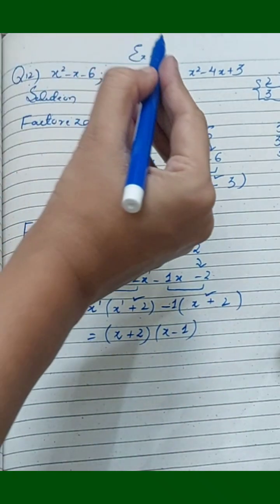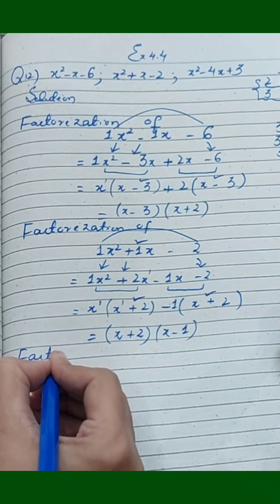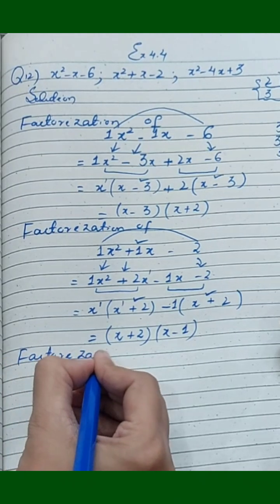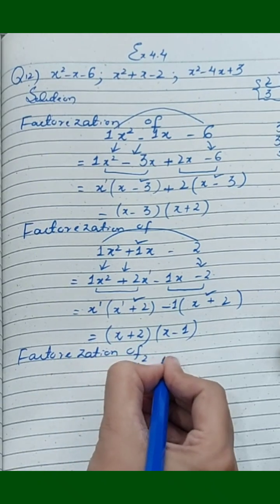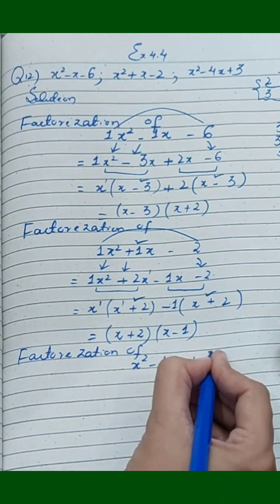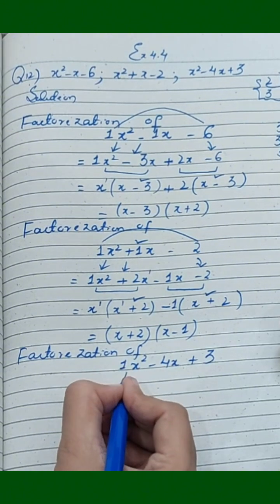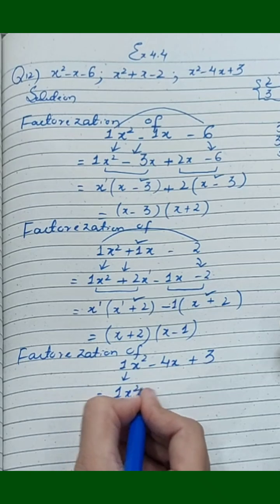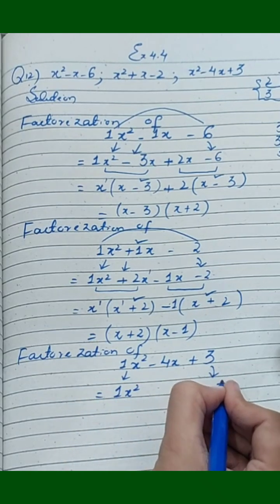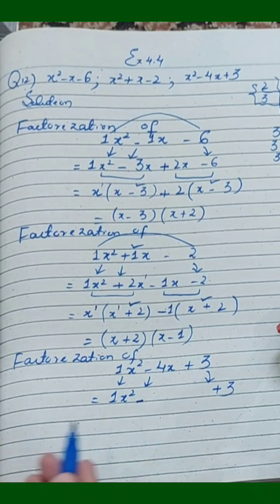Now we will take the third expression, and the third expression is factorization of x square minus 4x plus 3. The coefficient of x square is 1. Now you can write first term and the last term, and we take a sign.